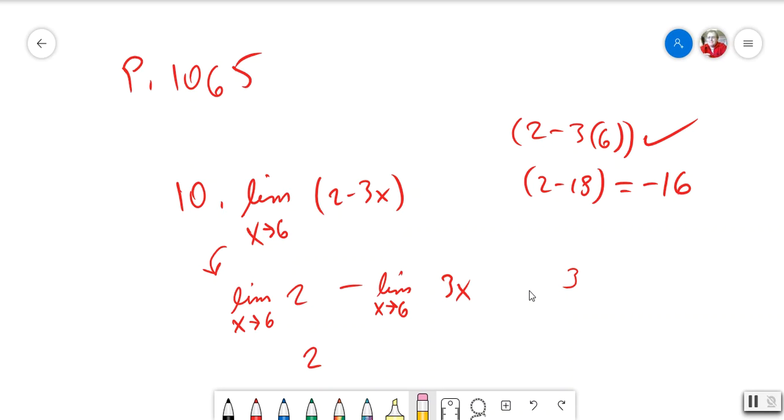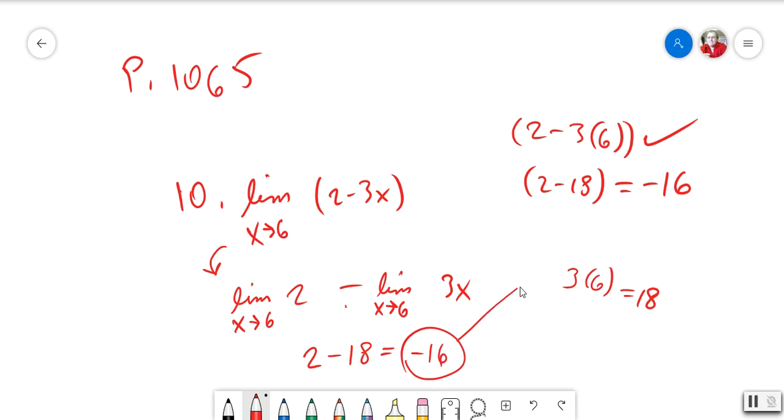So I've got 3 times 6, because 6 is the limit it's going to, which is 18. This tells me I'm subtracting that 18. 2 minus 18 is negative 16. And that is exactly the same thing we got up here. That is the only thing that's happening there, people. That's all. Not that hard.